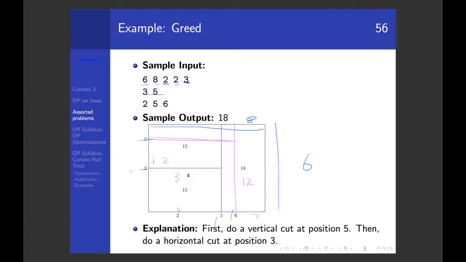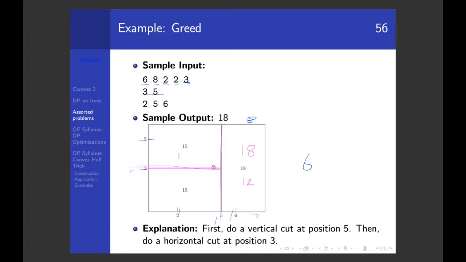However, if instead we cut here, here. So first cut at position 5, second cut at position 3. Then our total area of this slice is 18.